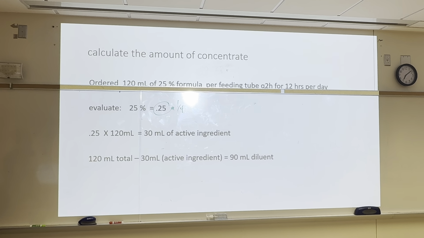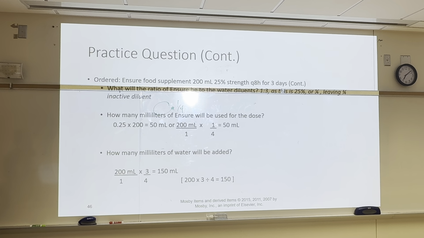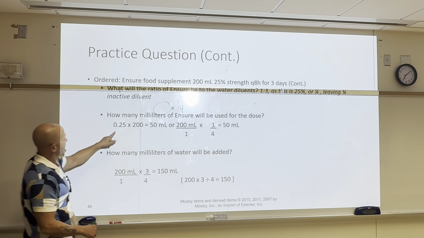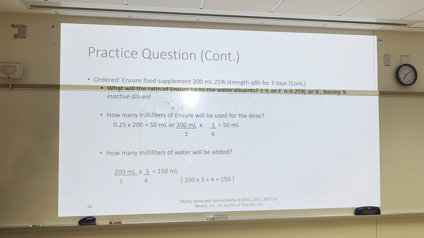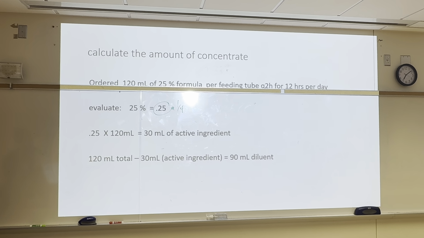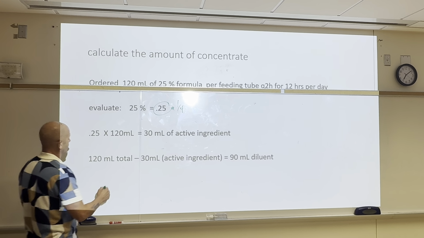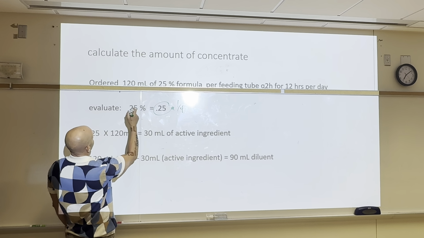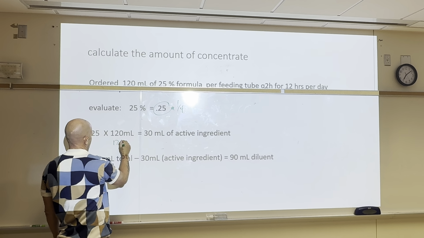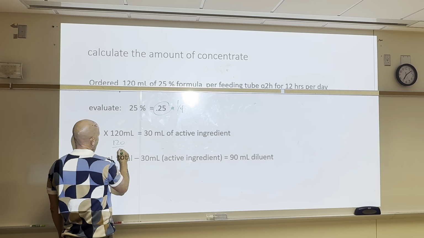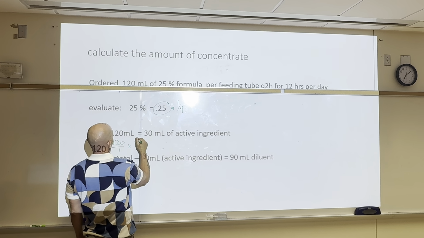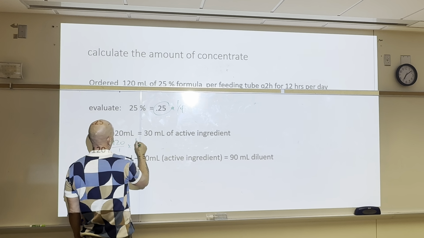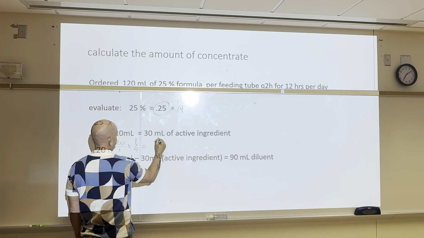Let's go back to this one. Remember this one, 0.25 times 200 equals 50. Or we can do 200 mLs over 1 times 1/4. Well, we can do the same here. If they give you 120 over 1 times 1/4, because remember, this is 1/4, what do you get?